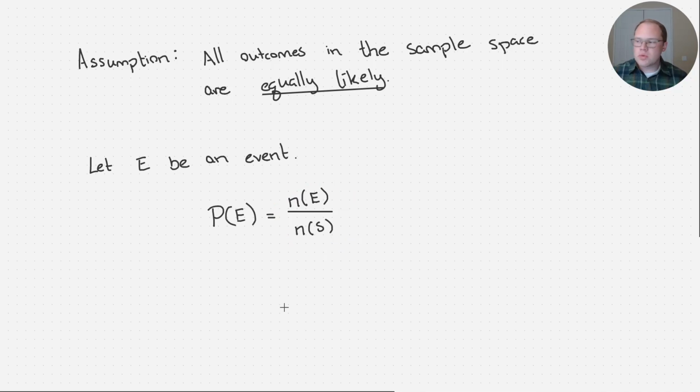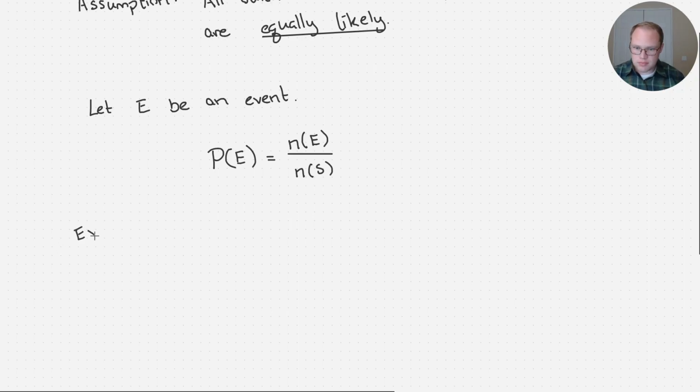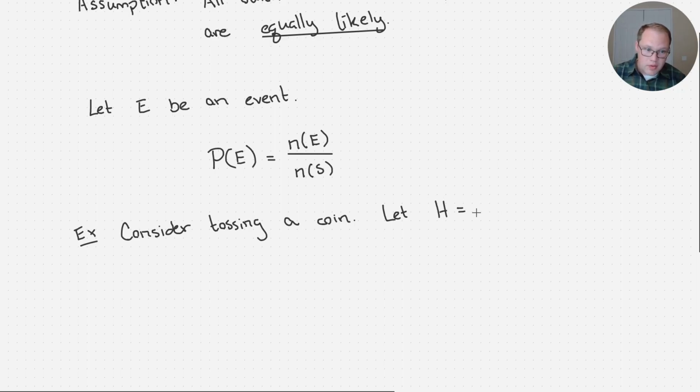Okay? So let's take a look at a simple example, one we've dealt with a lot. Consider tossing a coin. Let H be the event that the coin lands on heads. Now, as we said, in this experiment all of the outcomes are equally likely. We're just as likely for the coin to land on heads as tails.